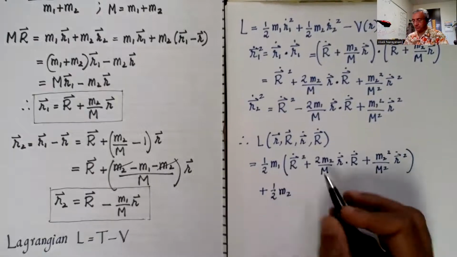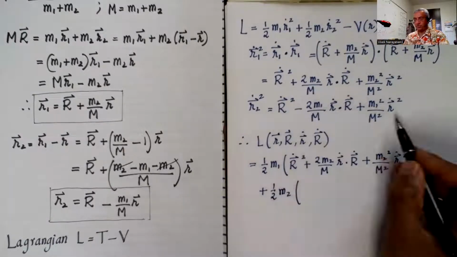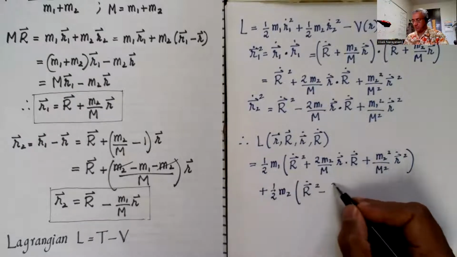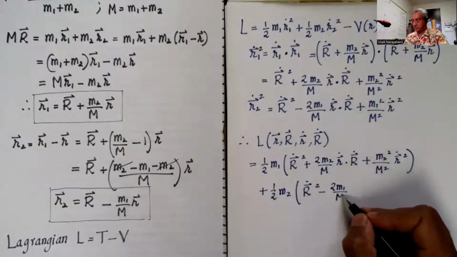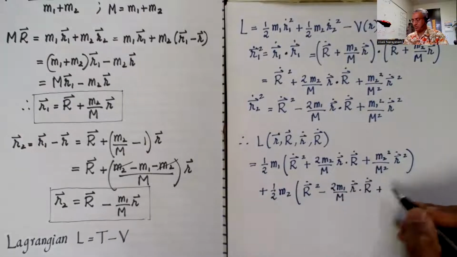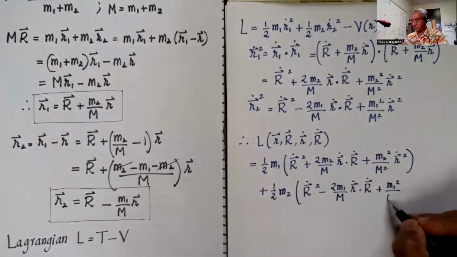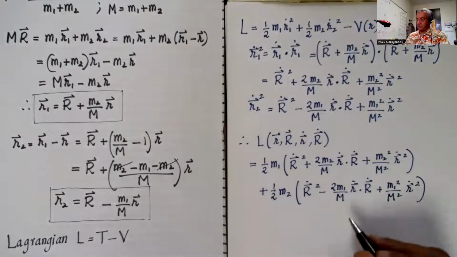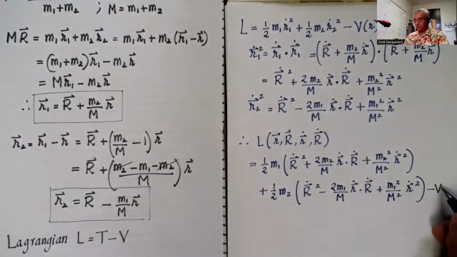Plus 1/2 m2 r2 dot squared, I'll write that. And then there's the potential term.